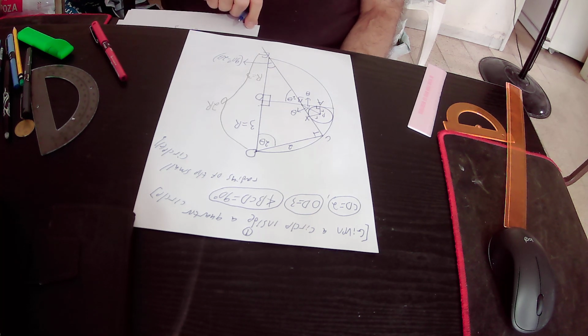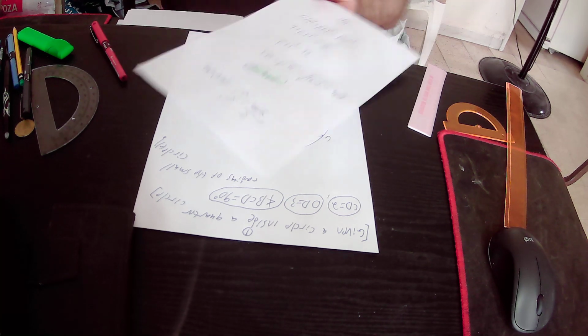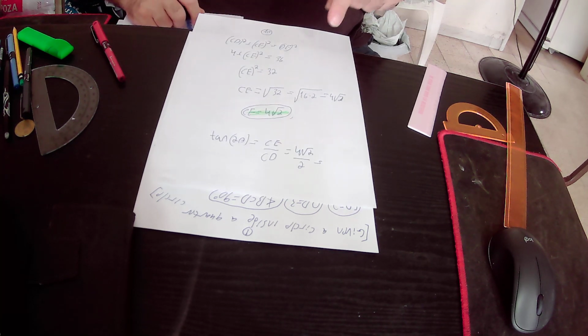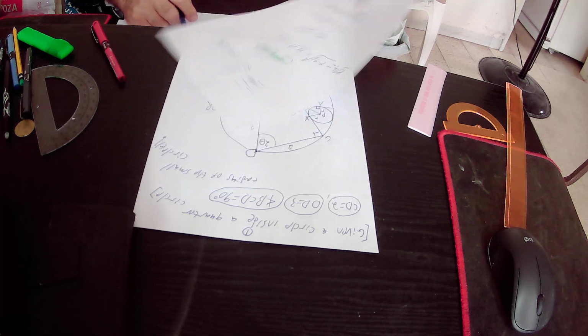So in total we got that tangent 2 theta equals 4 times root 2 over 2. 4 over 2 is 2.